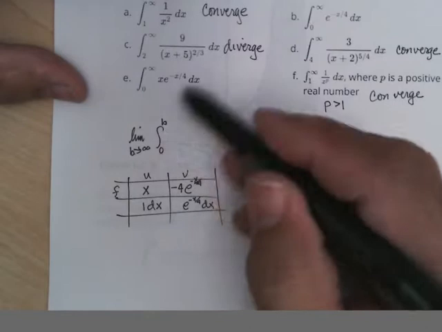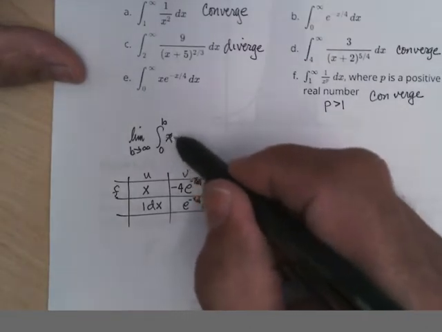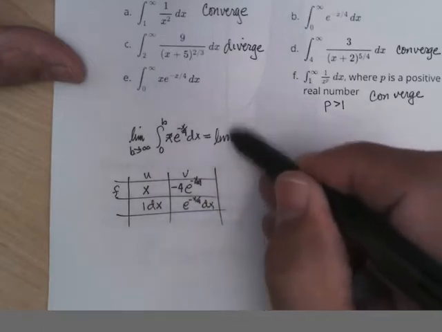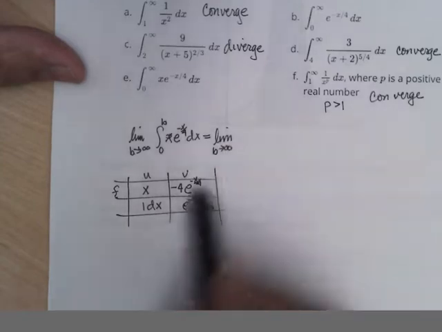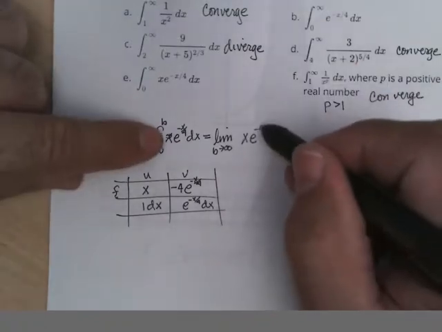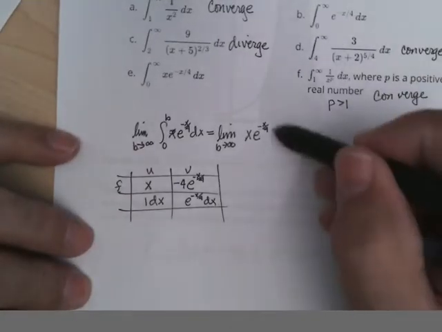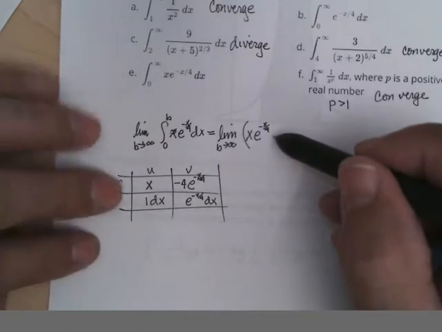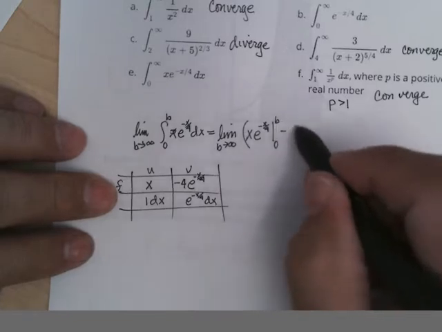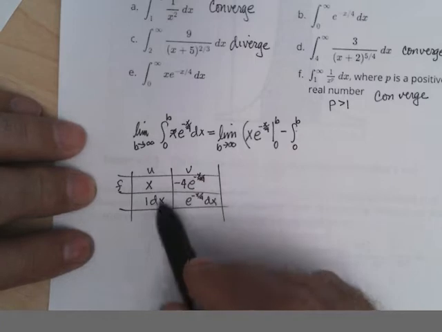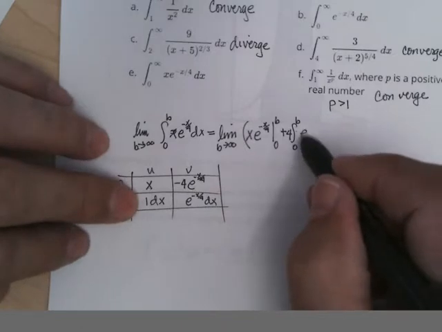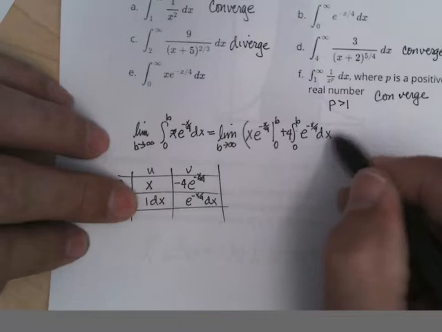So the integral from 0 to b of x e to the minus x over 4 dx becomes, we haven't taken the limit yet, so b still has to go to infinity, of uv, which is x e to the negative x over 4, and that would have to be evaluated from 0 to b, minus the integral from 0 to b of these two, which is minus 4 times 1 e to the minus x over 4 dx.